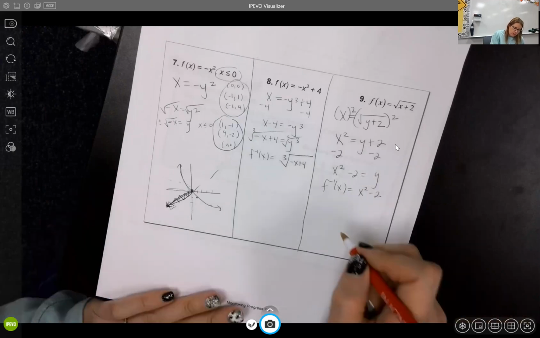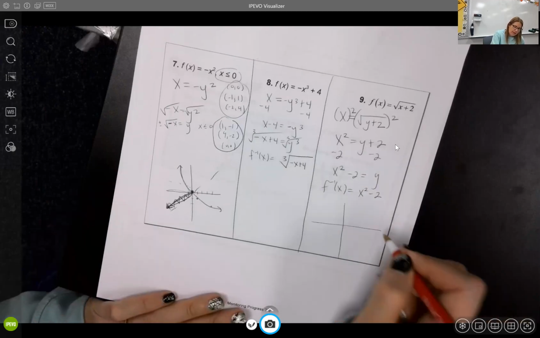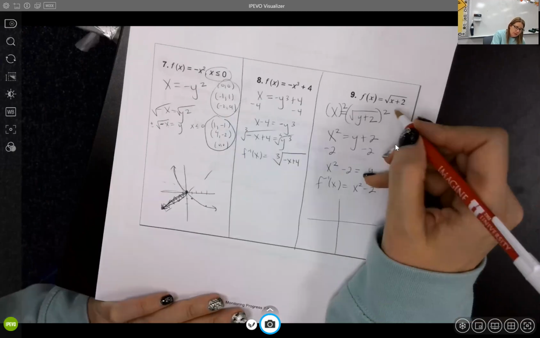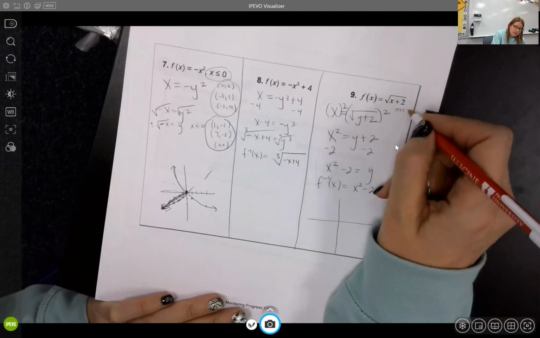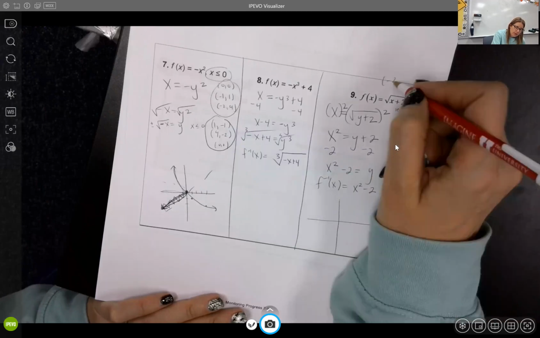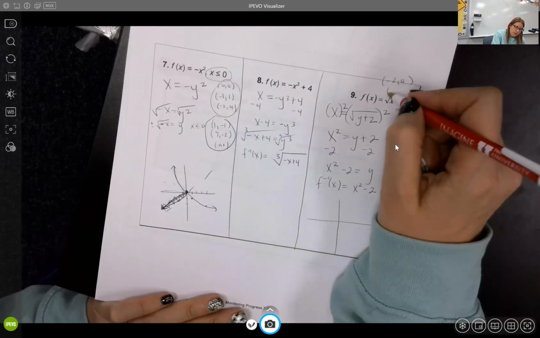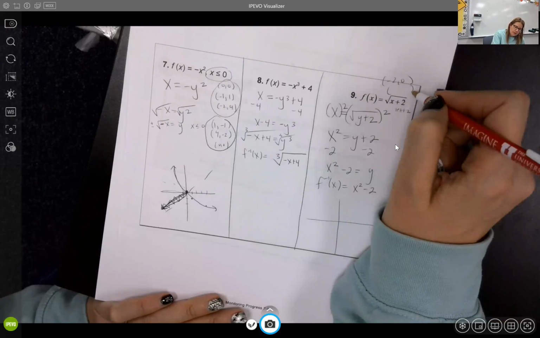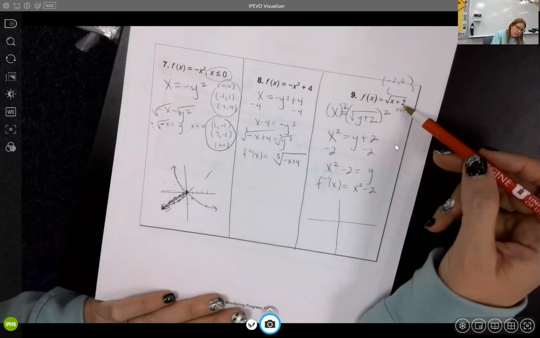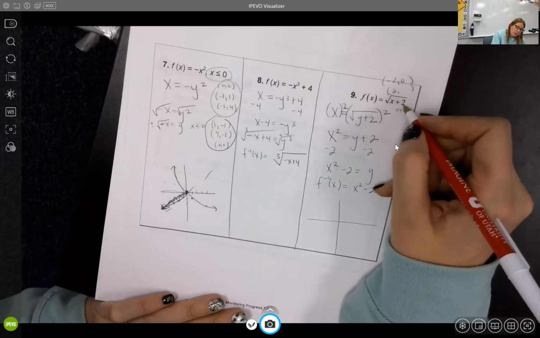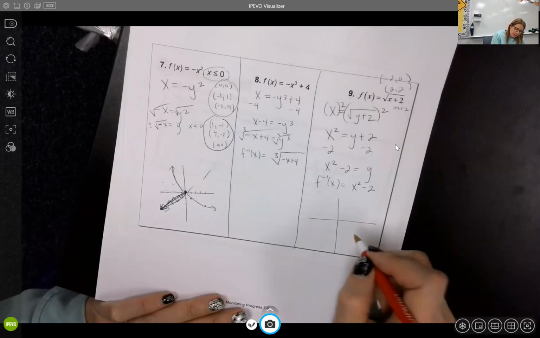Okay. So when I graph my original graph, this is x plus 2. This is a square root. So this is our root graph that's moved left 2. So I know the point negative 2, 0 is there. And then I'm trying to think of something that would have a square root. So if I did a 2, the square root of 4 is 2. So that's another point that would be on the graph.